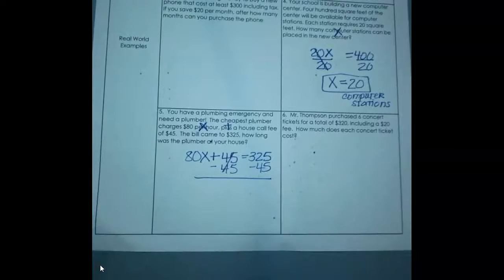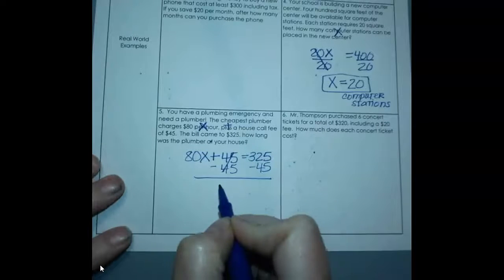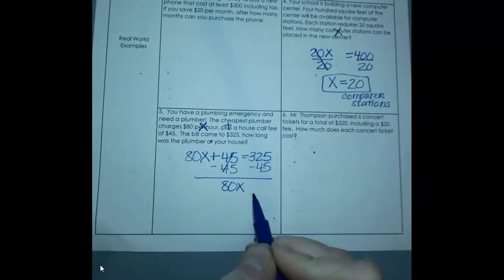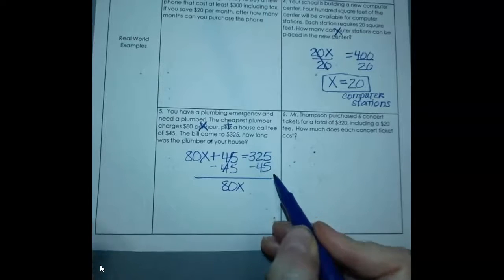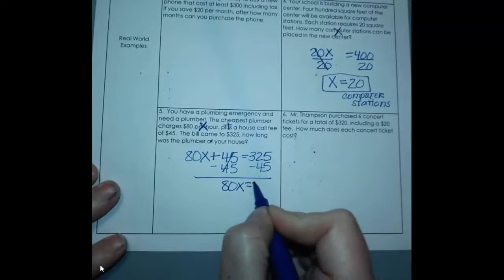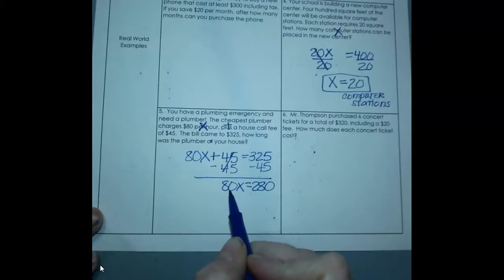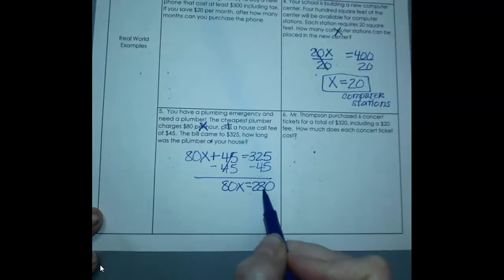And this is going to cancel to 0, leaving 80x. Then 325 minus 45 is $280. So what this is saying is $80 an hour equaled $280 just for the hourly fee.